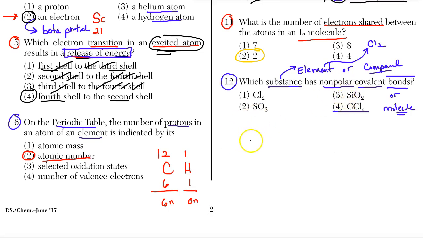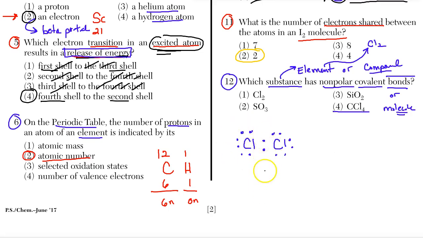So if you look at chlorine, let's do chlorine. So Cl2, and we know that chlorine has 7 valence electrons, and this chlorine has 7 valence electrons, and it's a nice little match made in heaven here. By bringing 1 electron to each other, both feel like they're sharing 8.